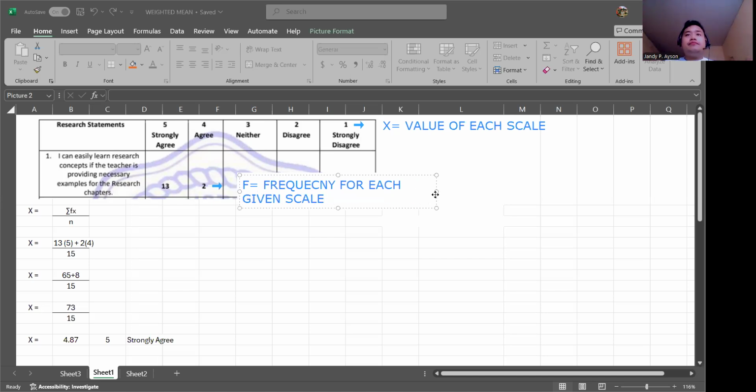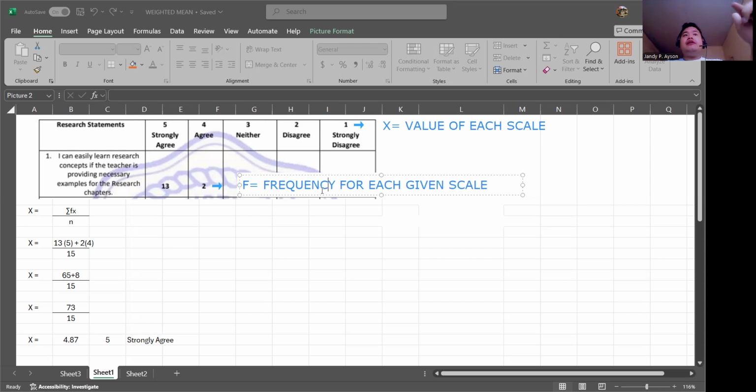In short, pag tinagalog natin si F or si frequency for each given scale, yan yung bilang ng responses or tally ng responses kada rating scale natin, kada value of each scale natin.